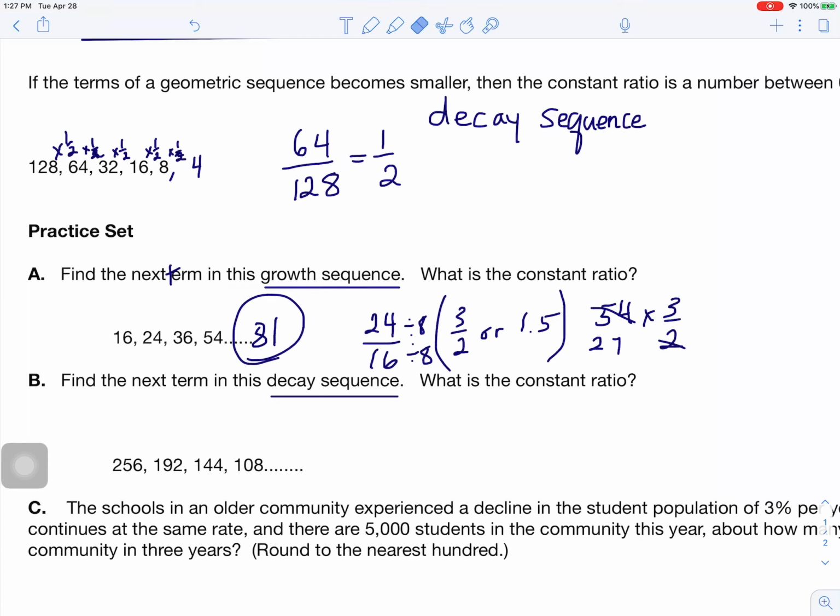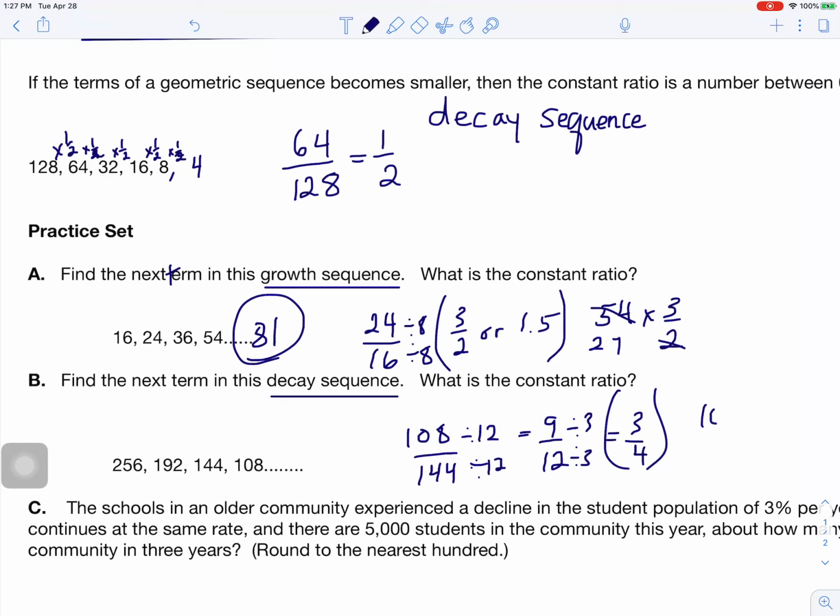Let's try something different just to show you if you can get lower numbers, it's easier to figure out. 108 over 144. We know that that could be divided by 12, right? So then you get 9 over 12. We can divide it by 3. Gets us 3/4. So our constant is 3/4.